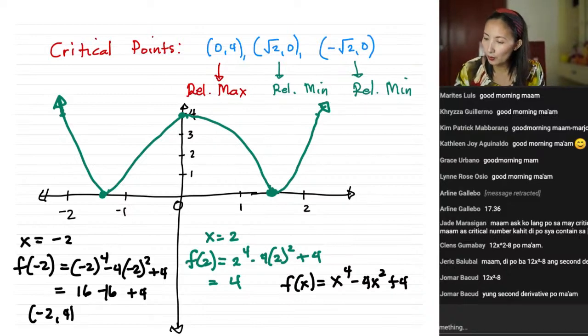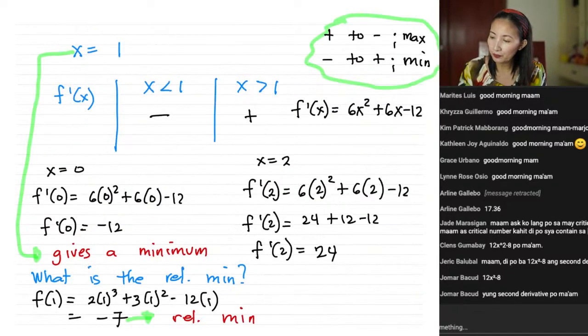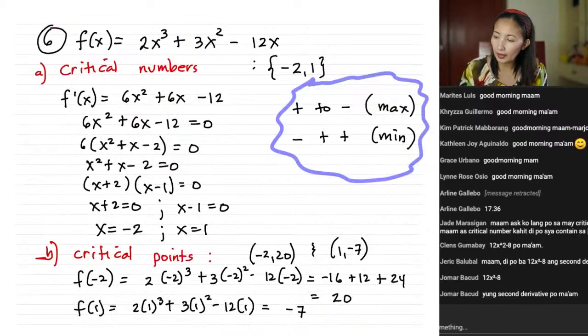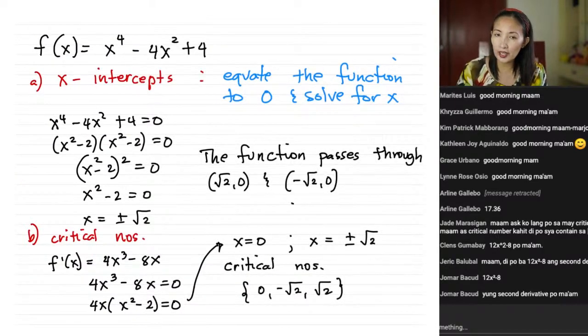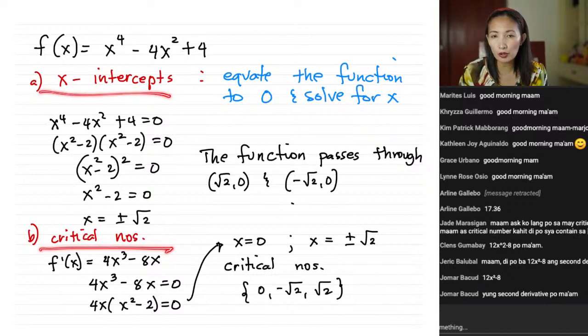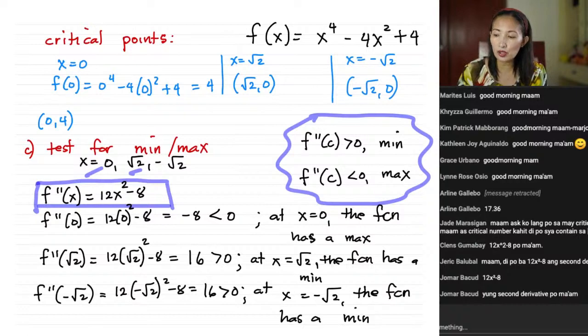Other questions? Once more, let's go over the steps. Number 1, identify the intercepts and then the critical numbers by finding the first derivative. For intercepts, equate the function to 0, solve for x. For critical numbers, find the first derivative, equate it to 0, solve for x. For critical points, evaluate the function at the critical numbers identified.